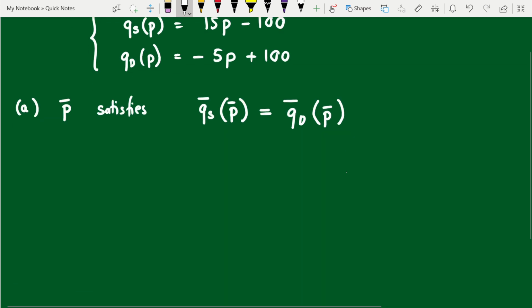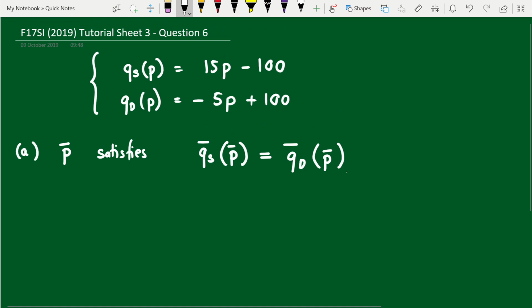In order to reduce this to something that we can solve, we just need to input what QS at P bar is. Reading from equation 1, that's 15p bar minus 100, and QD at P bar is minus 5p bar plus 100.